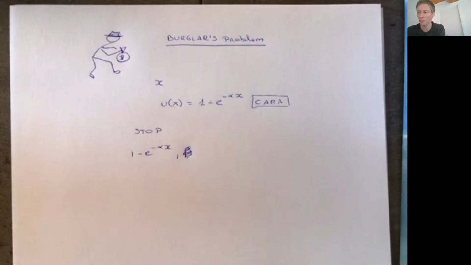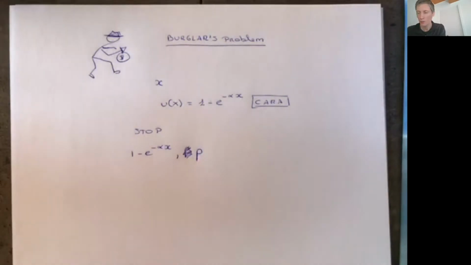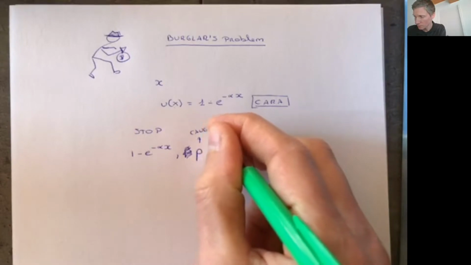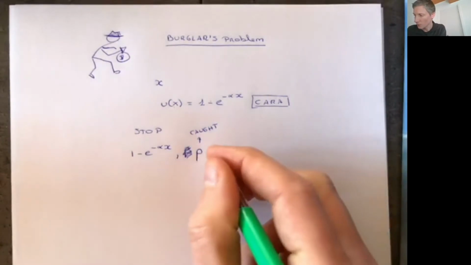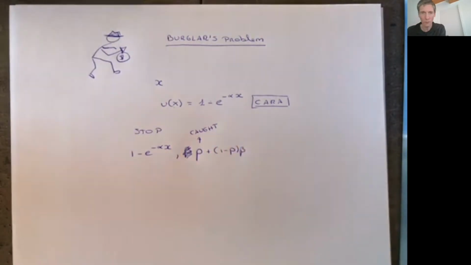If he gets caught, he loses all of his money and goes to jail. Assume he gets caught with probability p. With probability 1 minus p, he gains some money and goes on stealing for another day.